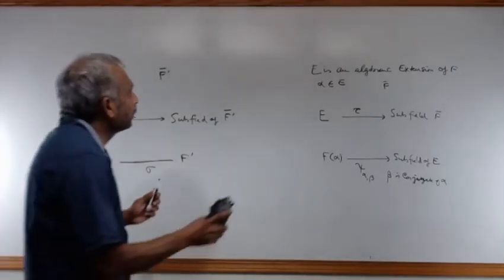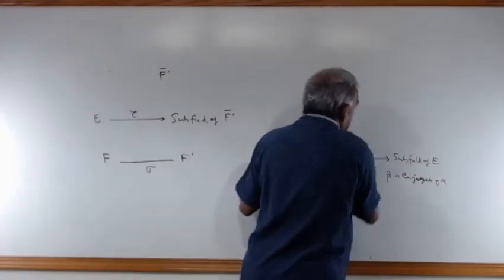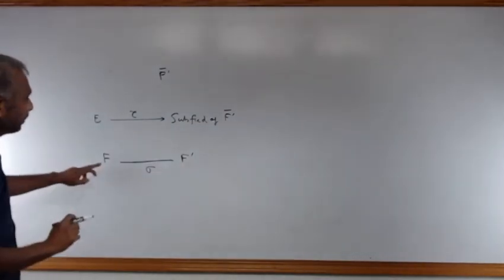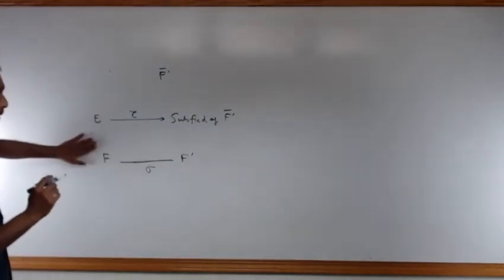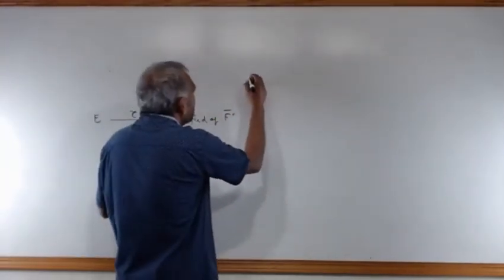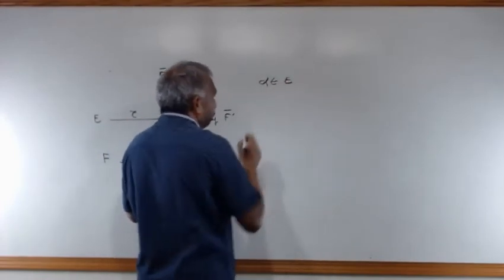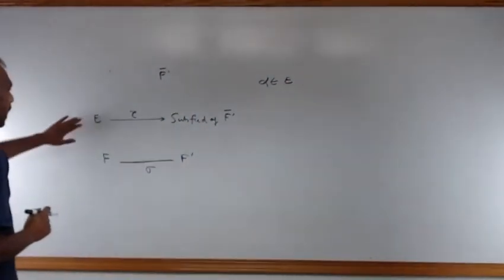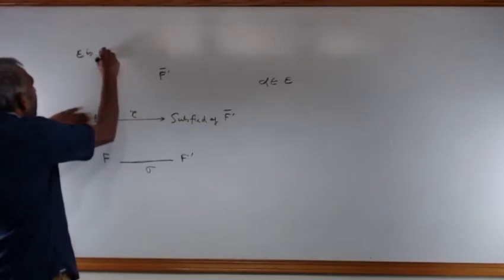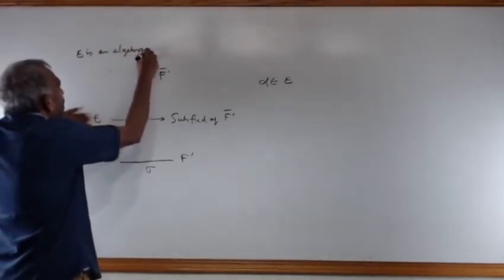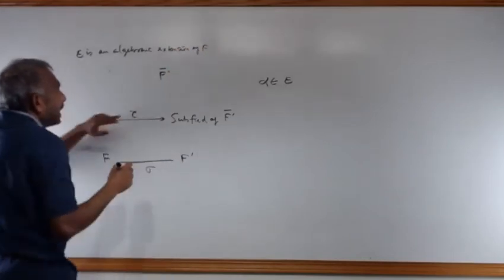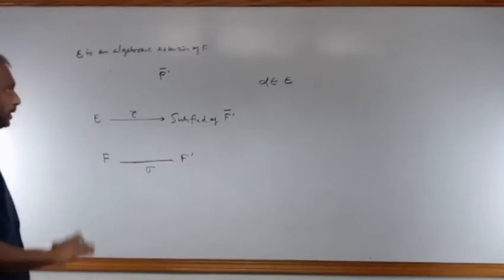Let us assume in this situation, we'll take a general situation always. So E is an algebraic extension of F, and alpha belongs to E, meaning alpha is algebraic.